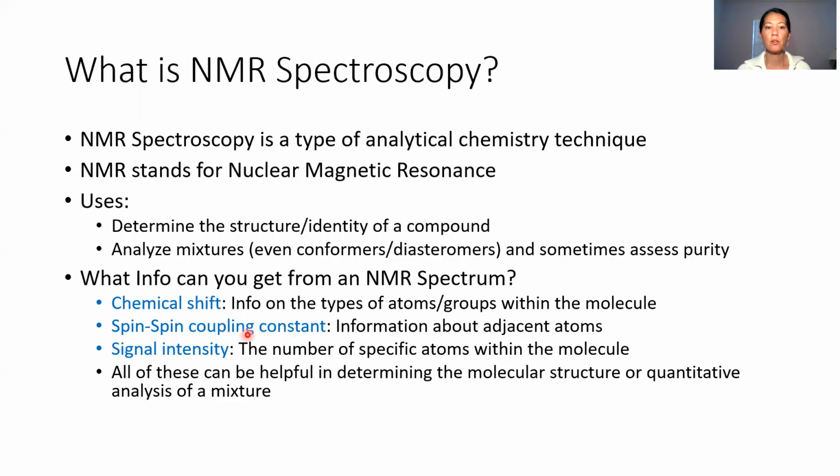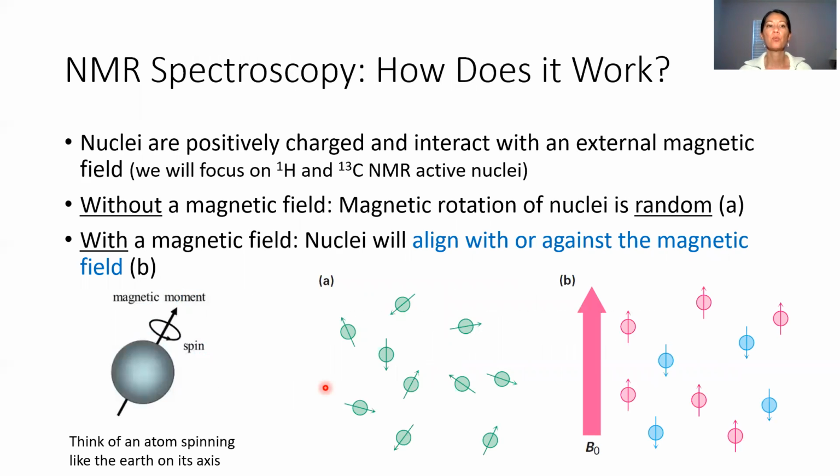Later in part 2, we're going to talk about spin-spin coupling constants, which will help you find out what the neighboring or adjacent atoms are like. And signal intensity tells you how much, the number of specific atoms in a molecule. So you can see there's a lot of information here just from a simple spectrum, and it will be useful in determining molecular structure.